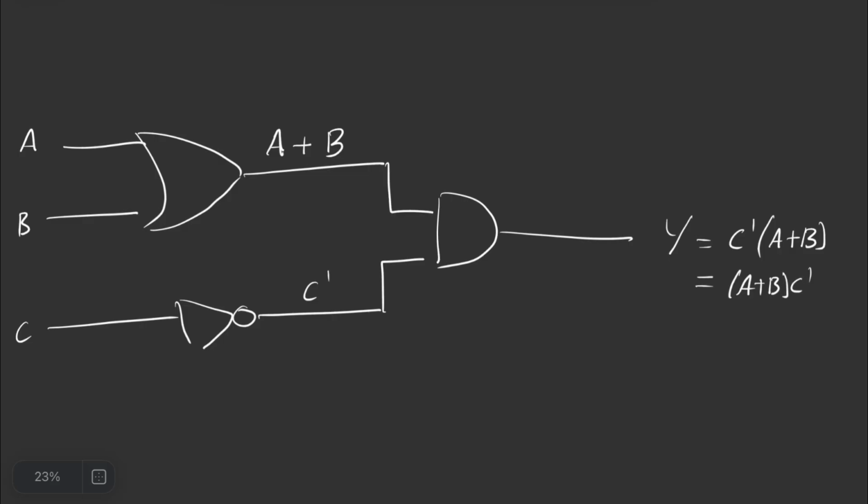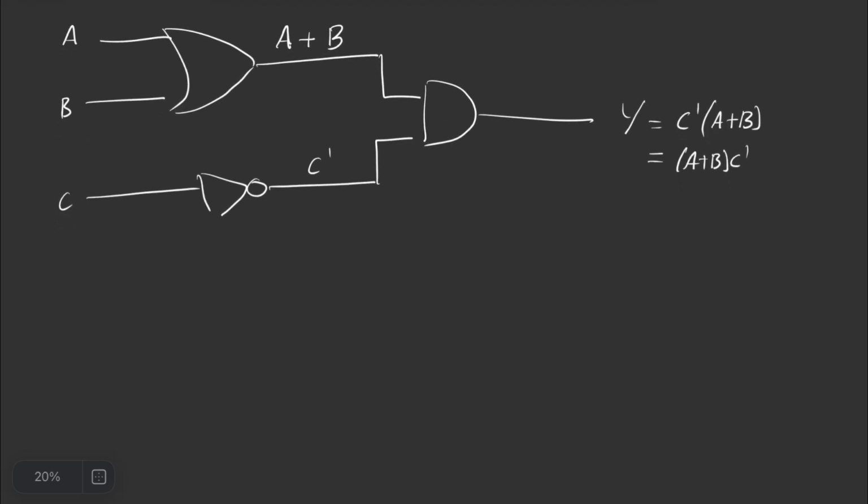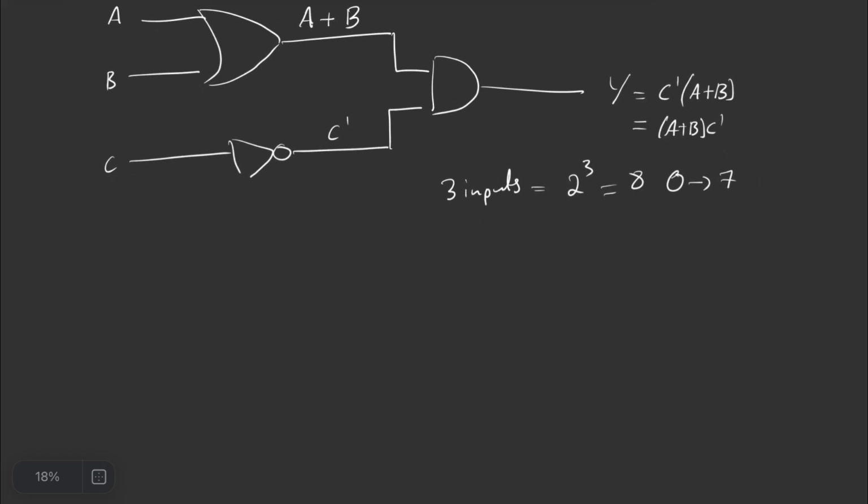Okay? So, how are we going to construct our truth table? For this circuit, we have 3 inputs, which means that our combinations are going to be 2 to the 3, or 8, which means we're going to be representing numbers 0 to 7 in binary. Okay? So let's get our truth table started.